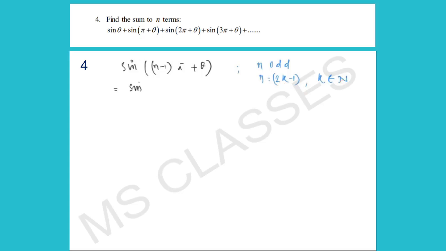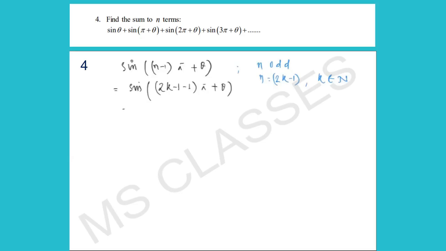Now, if we substitute this value, it is 2k minus 1 minus 1 into pi plus theta.